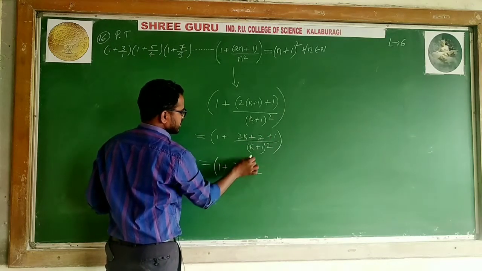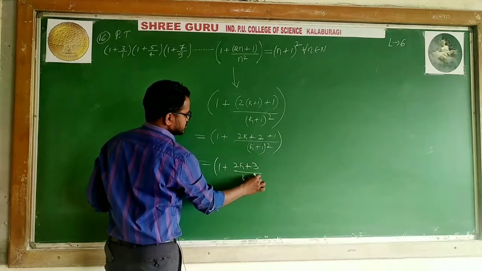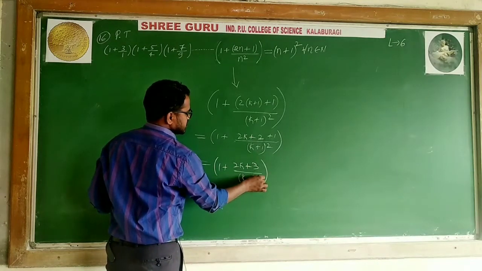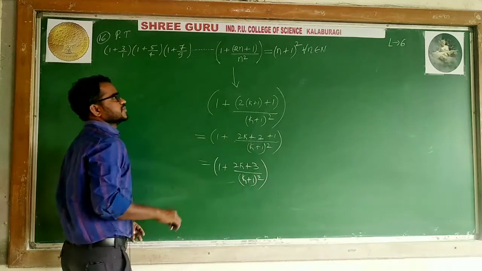That is 1 plus (2k + 2 + 1) divided by (k + 1)², which simplifies to 1 plus (2k + 3) divided by (k + 1)². This is the multiplication term.